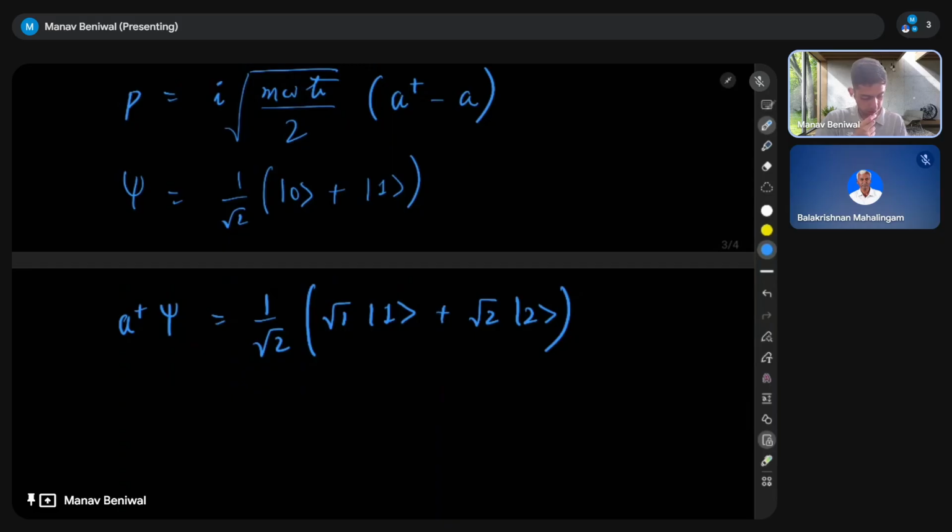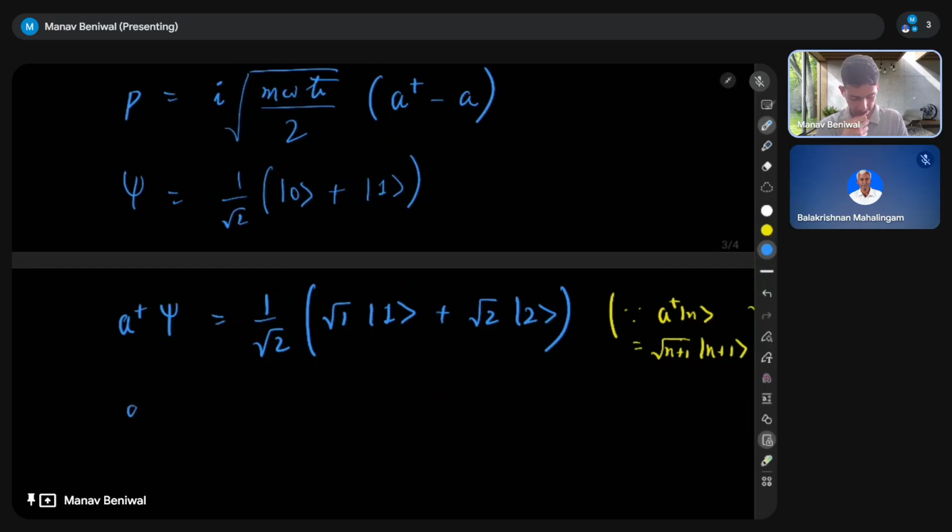This is because a dagger on the nth state gives us under root n plus 1 and the n plus 1 state. So 0 becomes 1 and 1 becomes 2. If we had n, we would have gotten n plus 1.